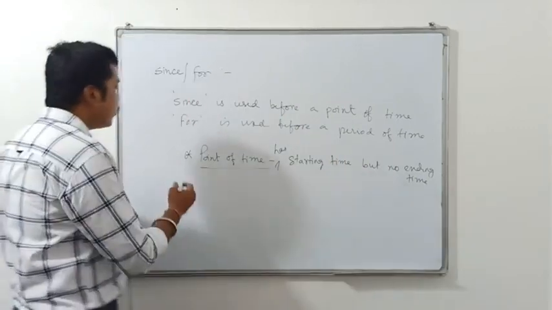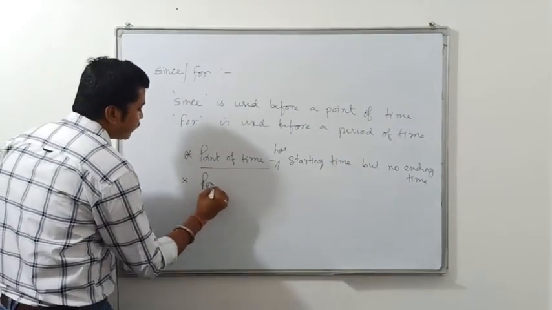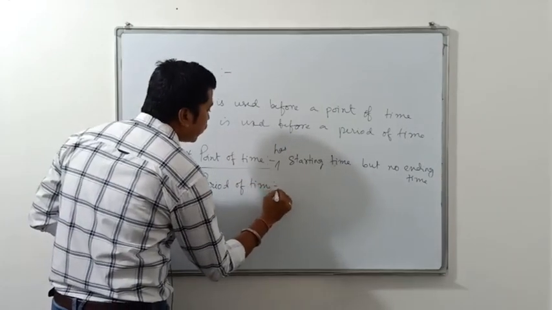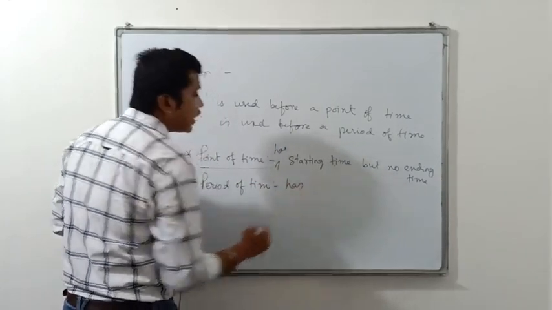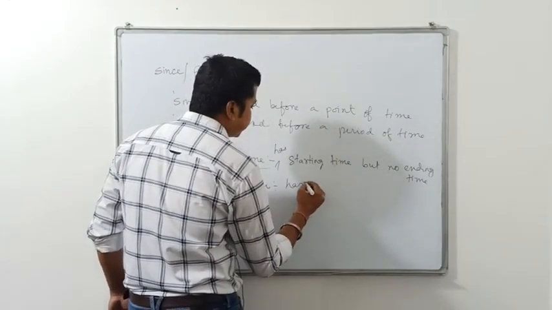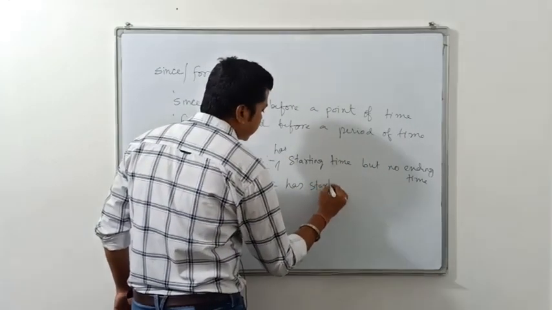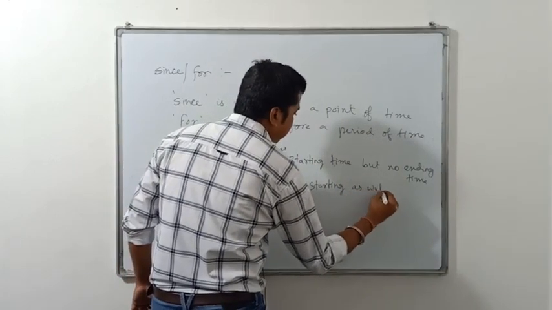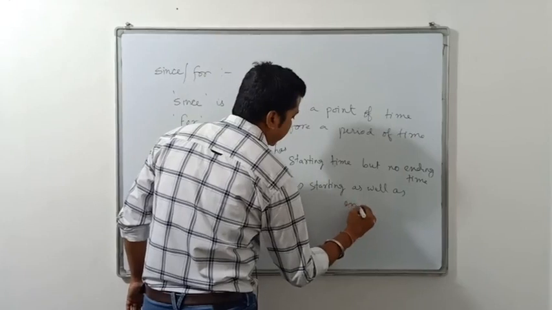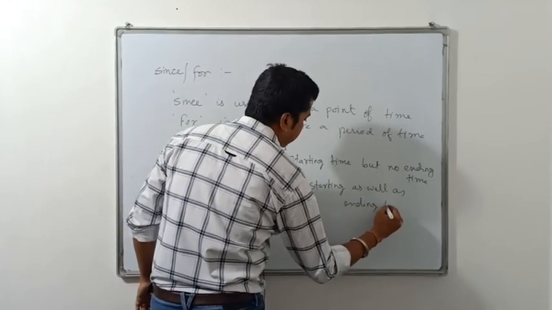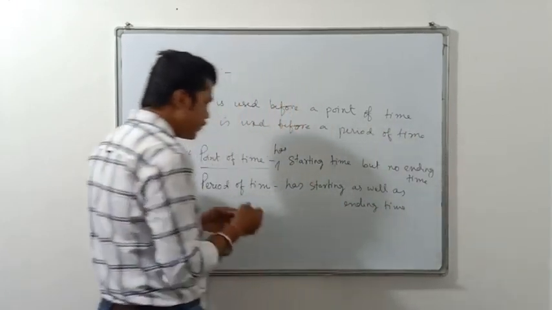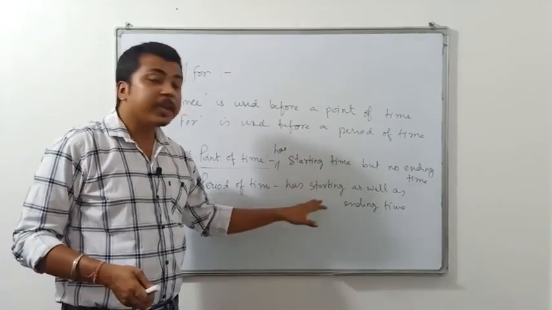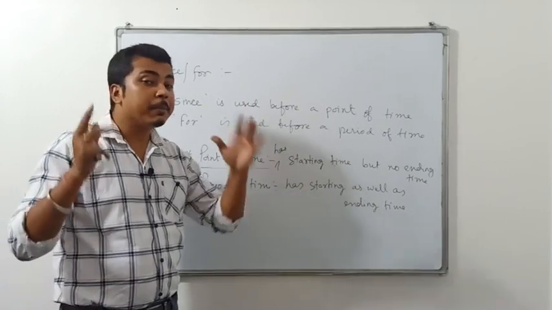Okay, now when we speak about period of time, in case of period of time we can identify both the starting and the ending time. Has starting as well as ending time. Okay, it is not a bookish definition dear student, just to make you understand so that you can remember it.